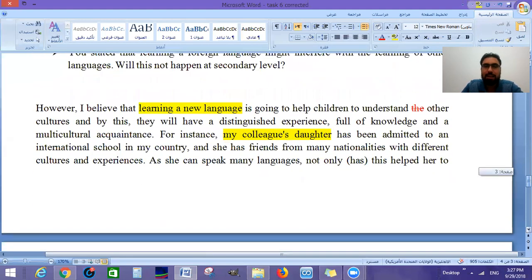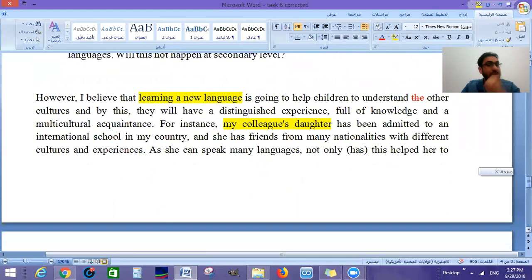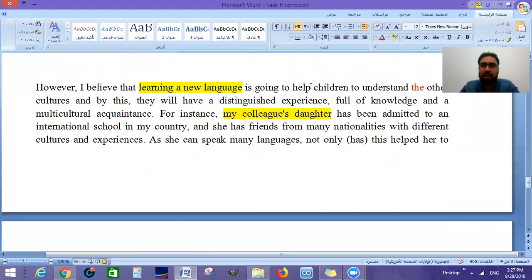Let's take a look at the second body paragraph. "However, I believe that learning a language is going to help children understand other cultures, and by this they will have a distinguished experience full of knowledge, a multicultural acquaintance.